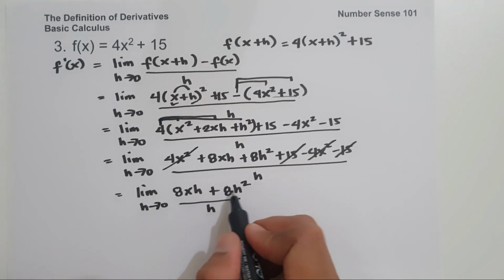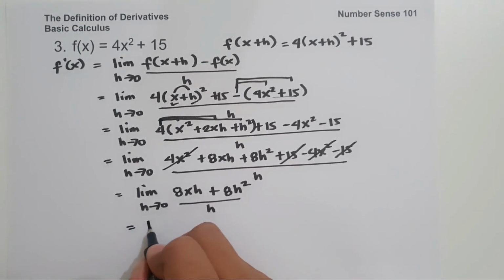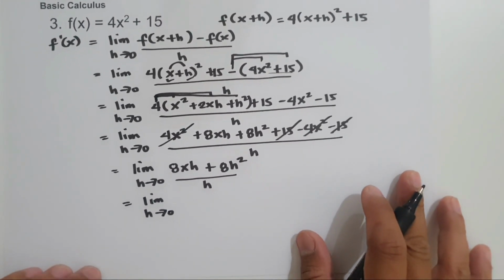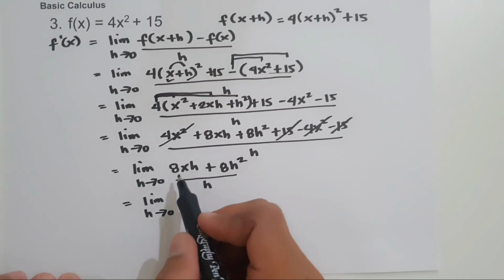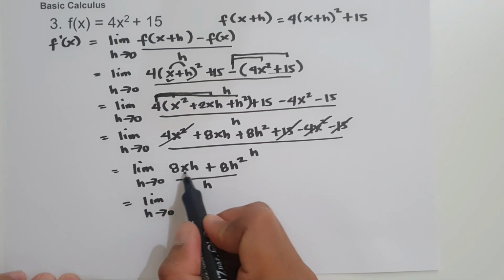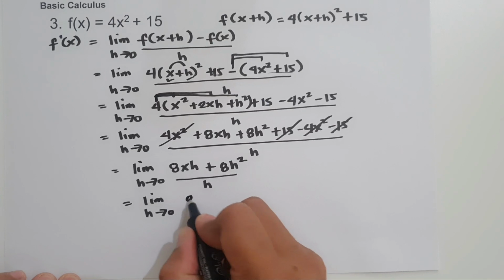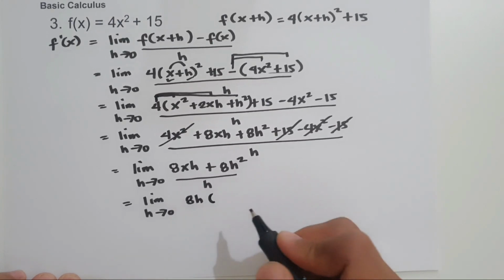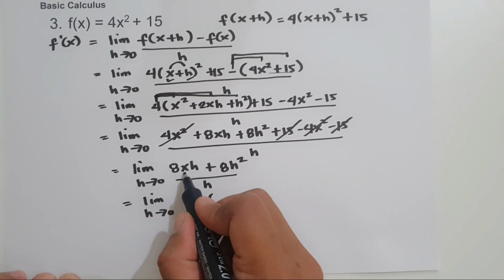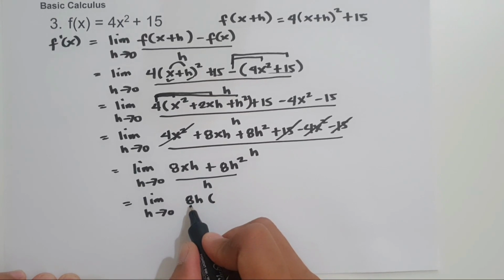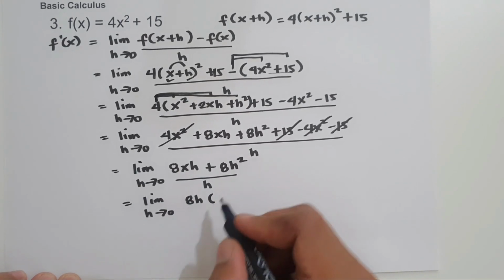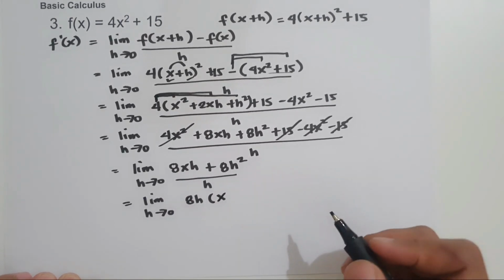So we can factor the numerator. So let us have limit as h approaches 0. The greatest common factor between 8xh and 4h squared is 4h. And then 8xh divided by 4h is simply 2x.